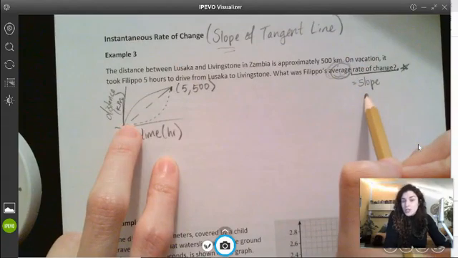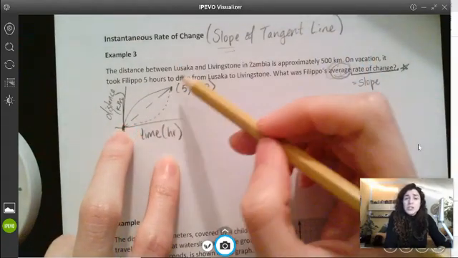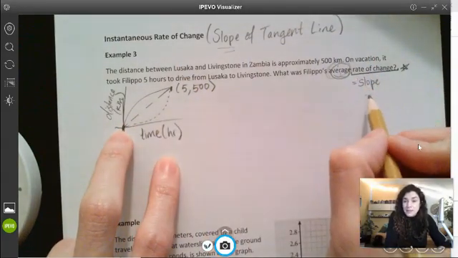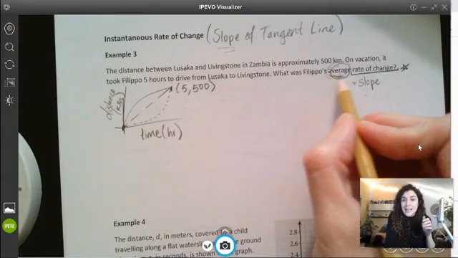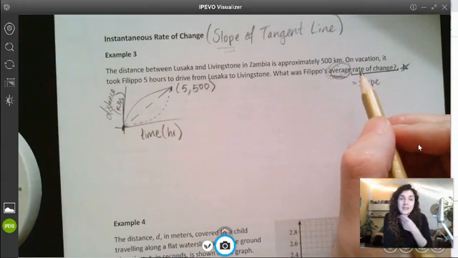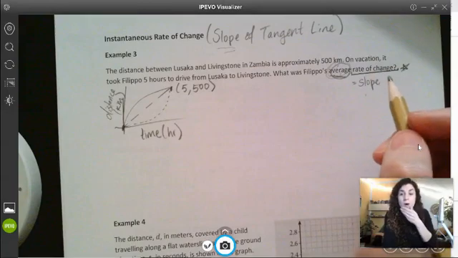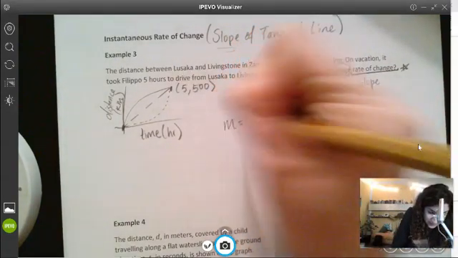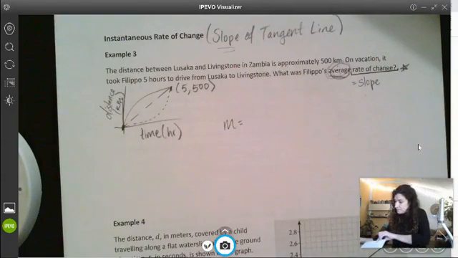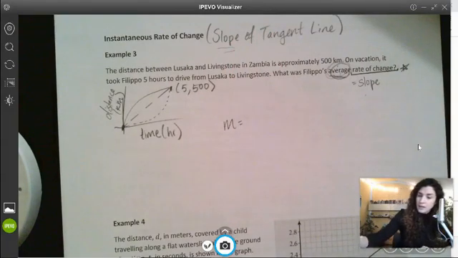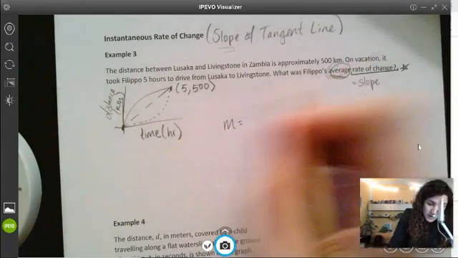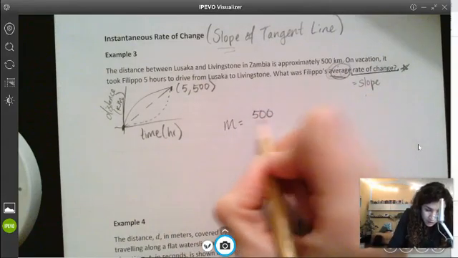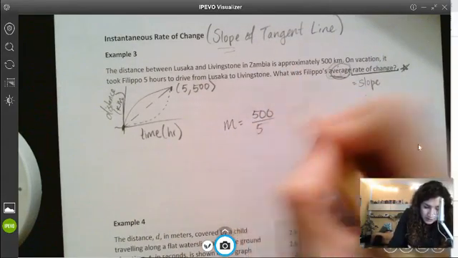And then rate of change is your slope. So we're going to treat it like a line in order to find the slope with acknowledging that it's average, that it's not necessarily this slope all the time. So finding it, it's your change in y, so 500, over your change in x, which is 5.